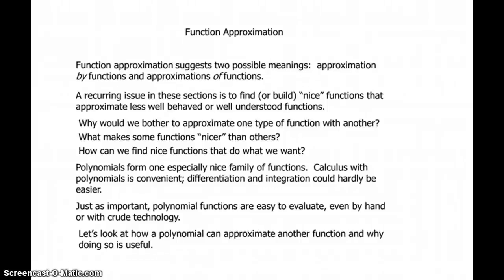So, function approximation. Well, there are two ways to approximate functions. We can use a function to approximate, so approximation by functions, and approximation of functions. Well, you say if we have a function, why do we need another function to approximate it? Well, maybe it's a really ugly looking function.